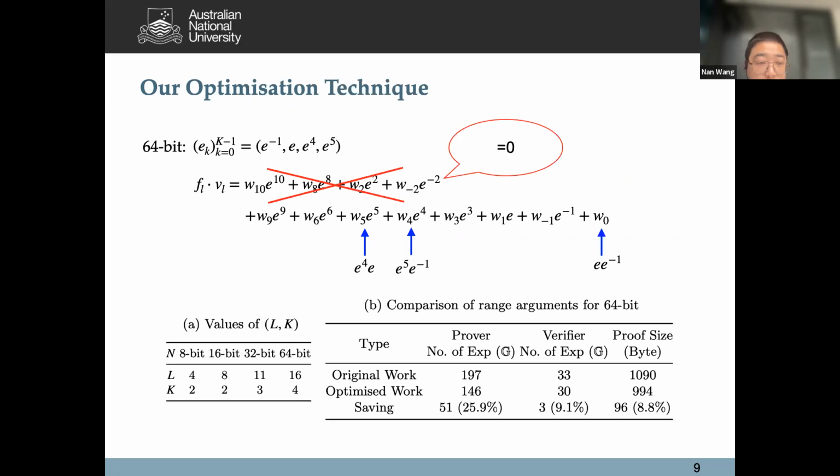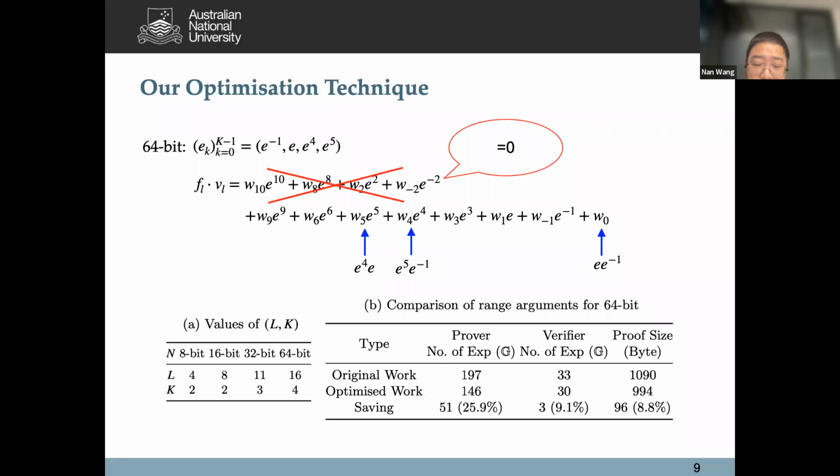Considering the 64-bit argument, when we use the challenges e^{-1}, e^4, and e^5, the verifier just needs to ensure that none of the projected term challenges e^10, e^8, e^2, and e^{-2} would appear on the right-hand side when computing f_l times v_l. The benefit of this optimization technique is that some terms would be merged together.